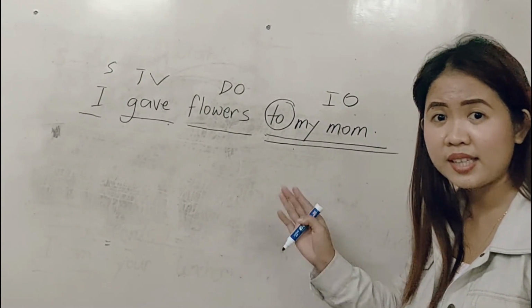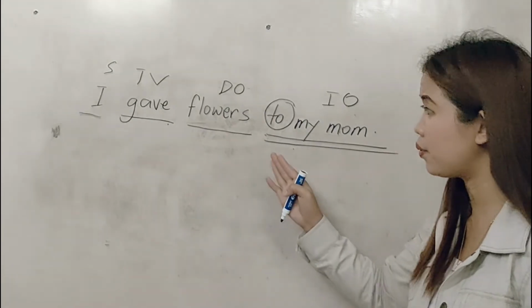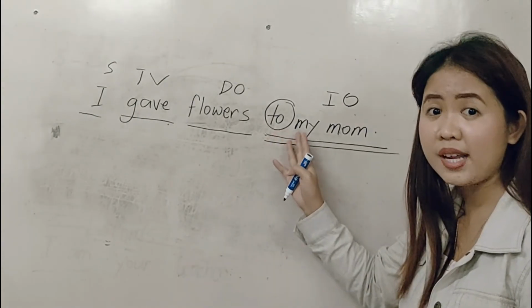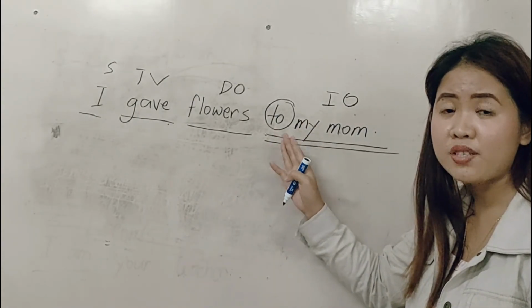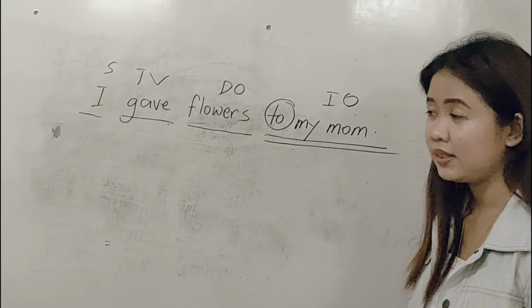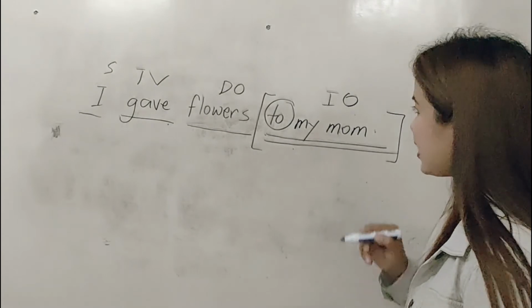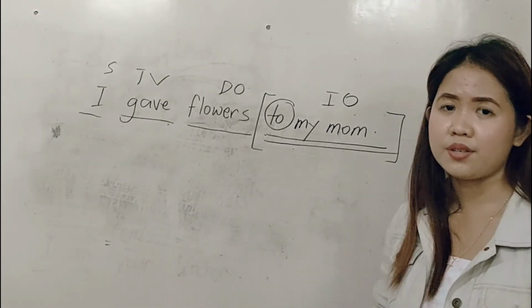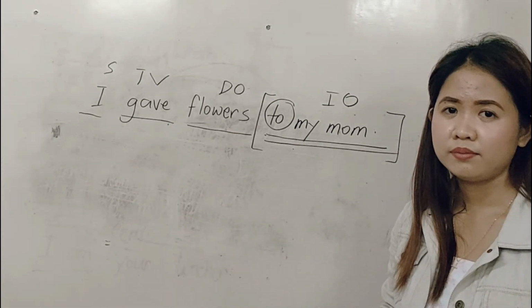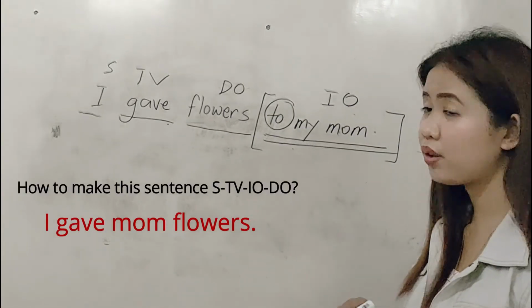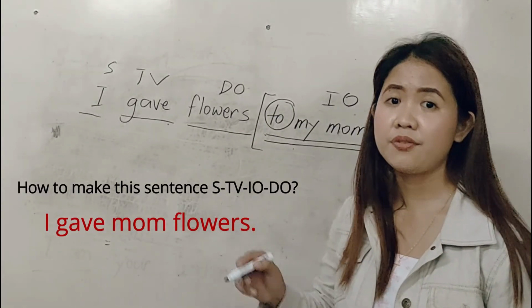This means that the remaining sentence after the word to is a phrase. It's a prepositional phrase. Let's try to exclude these words in the sentence. I gave flowers. Our pattern should only be STVDO.